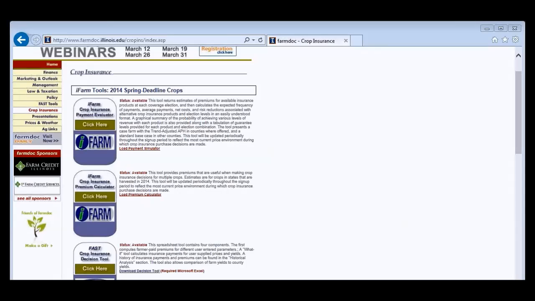I'm going to give you a 370 price. If we have a yield of 190 bushels, we would have a $42 payment. If we have a yield of 200 bushels, we would have a $5 payment. And if we had a yield of 160 bushels, we would have a $153 payment.